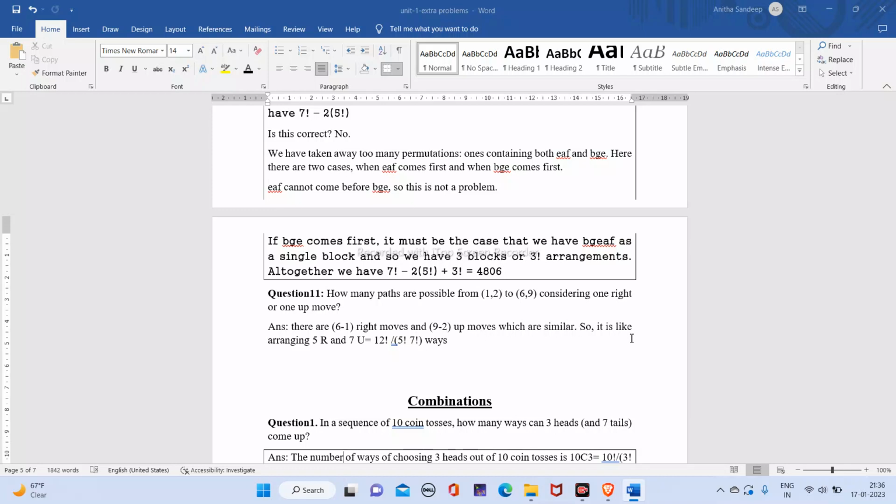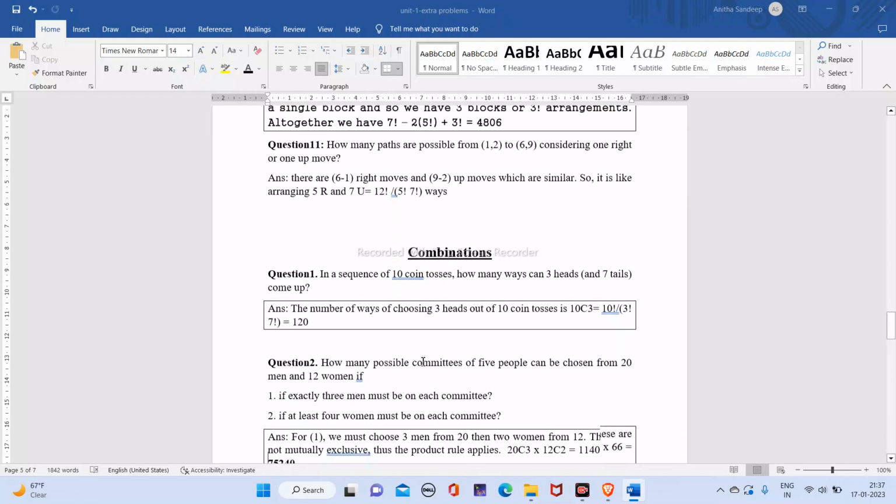And so it is like arranging 5 R's and 7 U's. Totally there are 7 plus 5, that is 12 letters to be arranged, so 12 factorial, among which 5 are R and 7 are U, which are similar. So that is divided by 5 factorial into 7 factorial ways.